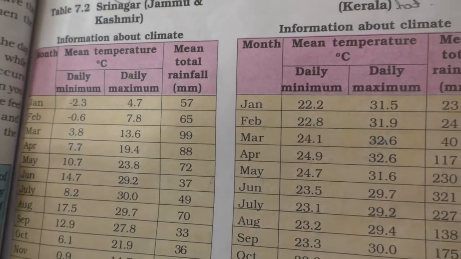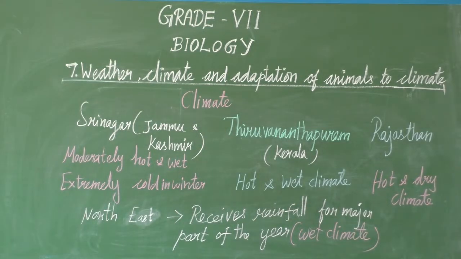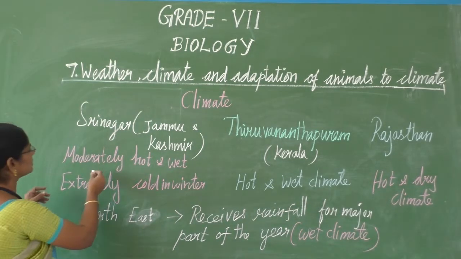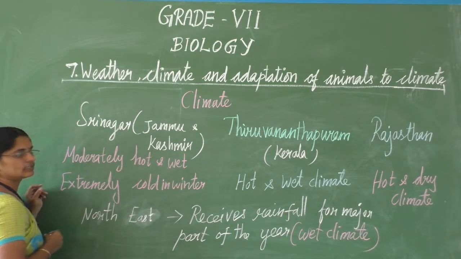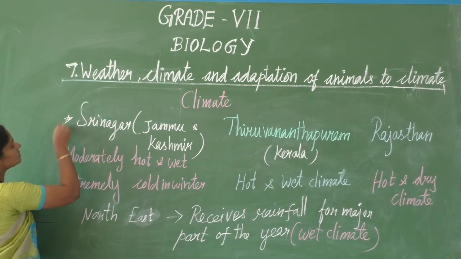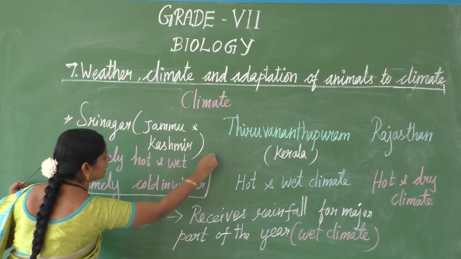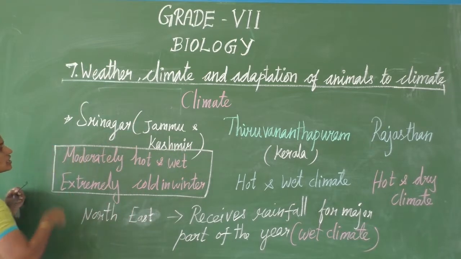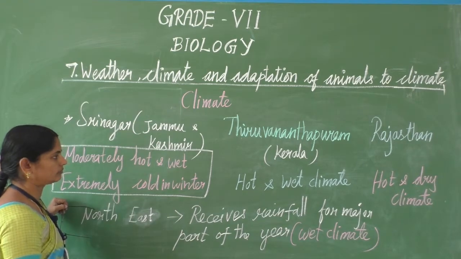So by seeing this, we may come to the conclusion that, see, look here, Srinagar and Jammu and Kashmir, moderately hot and wet climatic condition, moderately hot and wet. So moderately hot and wet climate in Srinagar and Jammu Kashmir. During the winter season it's extremely cold.